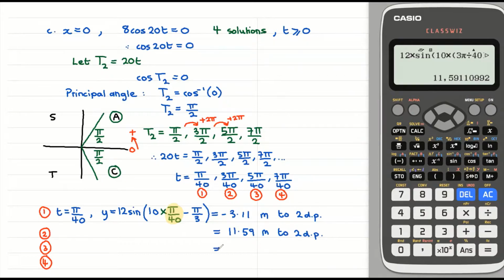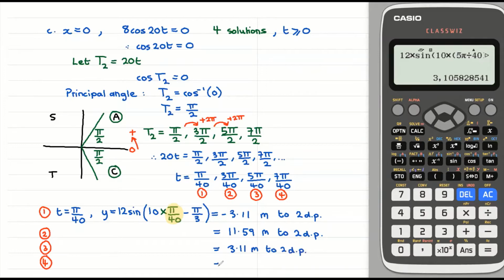Then for solution number 3, it's 5 pi over 40. So I'm just going to edit my calculation, and just delete that and change that to 5. Press equals. Change that to a decimal, so we get a positive version of what we got in solution number 1. So it's going to be 3.11 meters to 2 decimal places.